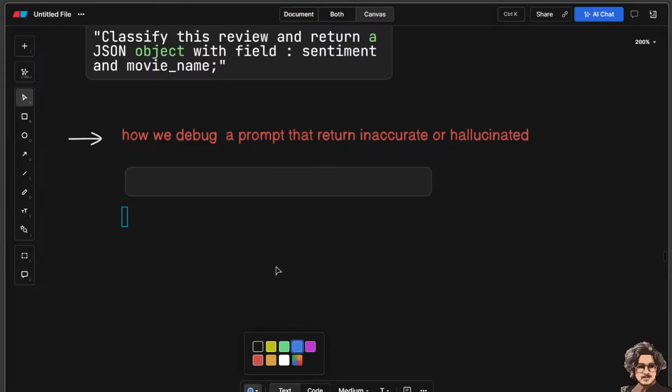These are the techniques by which we can debug our prompt. First of all, simplify the prompt.